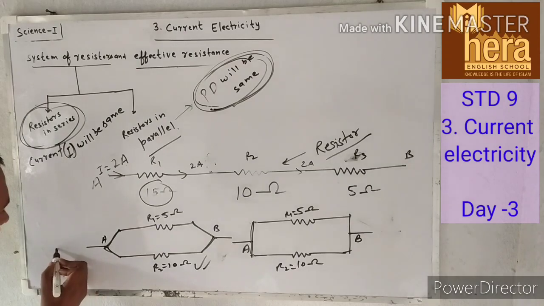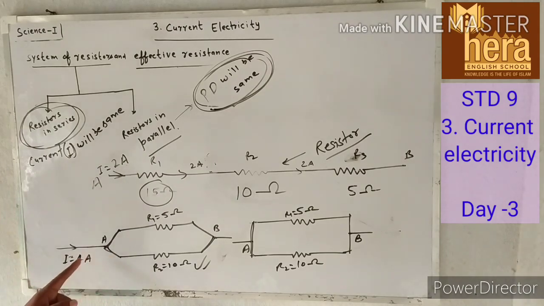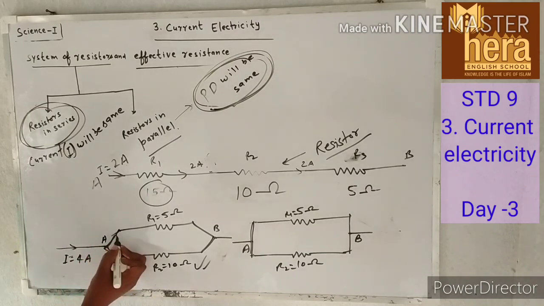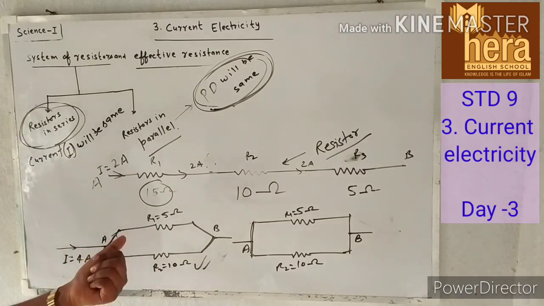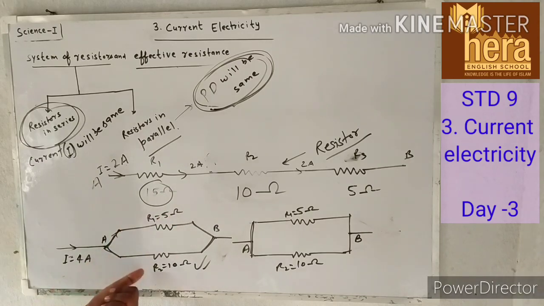Always remember, in case of parallel, suppose the current I equal to 4 ampere is coming. So this current I, 4 ampere, will be divided into two parts. One part will go in the resistor R1 equal to 5 ohm, and some amount of current will go in the 10 ohm.